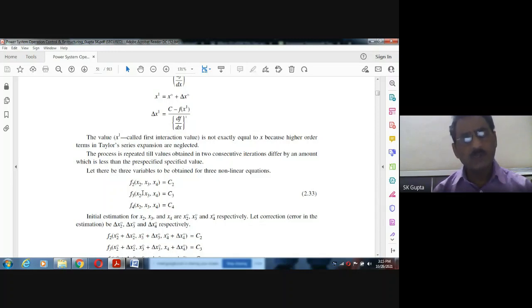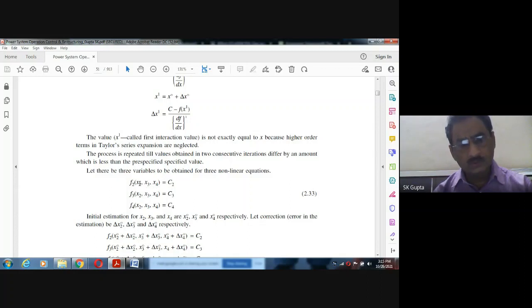If it is a voltage, it should be near about 1, so we will consider it equal to 1. If it is an angle, we consider it equal to 0, or better if we perform it later on, which we will describe later when we take the power flow analysis. But we estimate the values of x2 and x3.